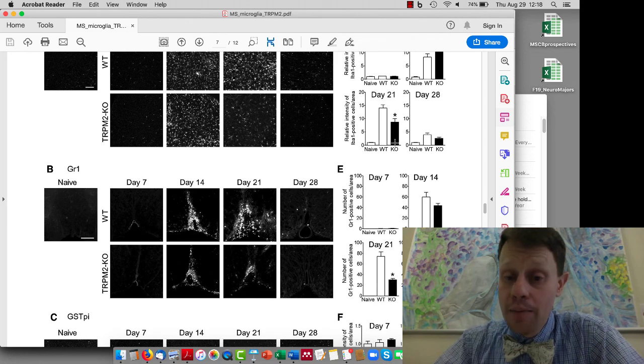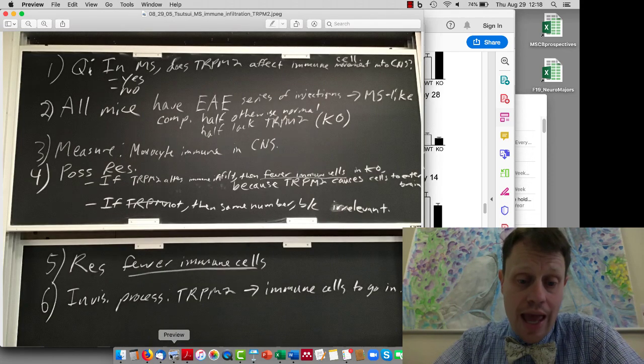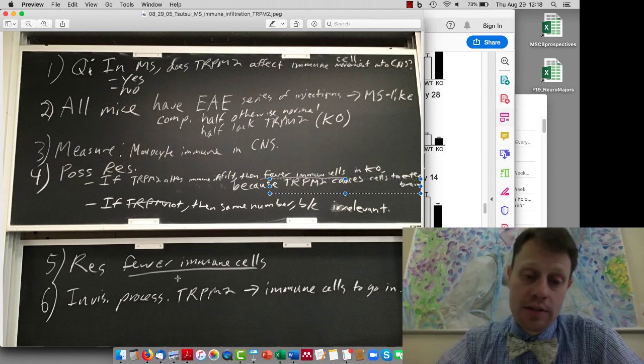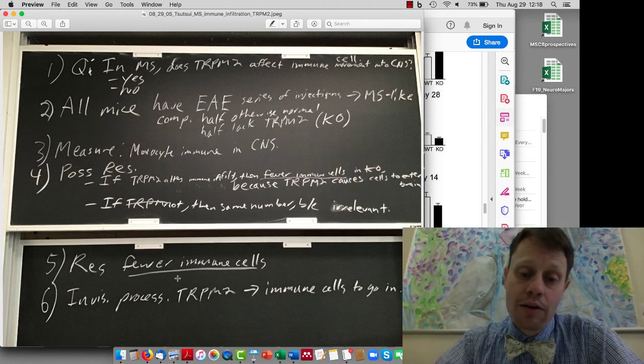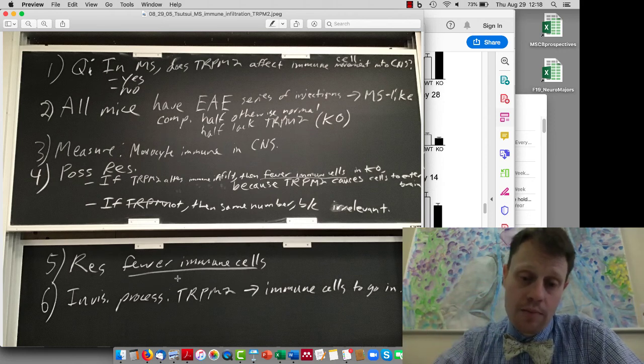But in these knockout mice, the series of injections still causes immune cells to come into the brain, but it is significantly fewer. So that is their observation, and then their conclusion essentially follows again from this because statement. There's some invisible process where the TRPM2 channel, when it's there, helps the immune system get in, and that's why they observed that the animals that are missing this channel don't have as many immune cells getting in.